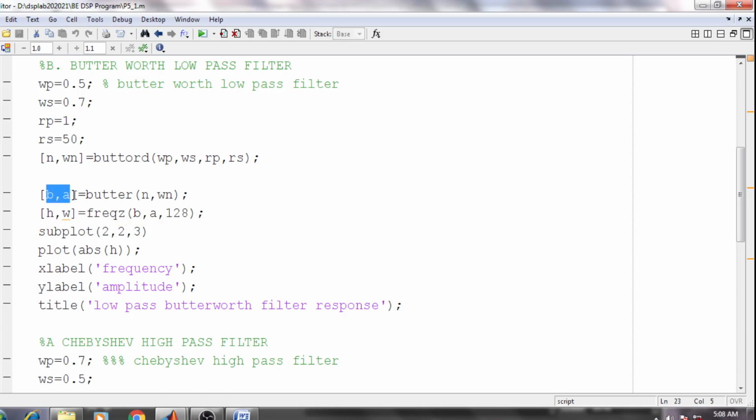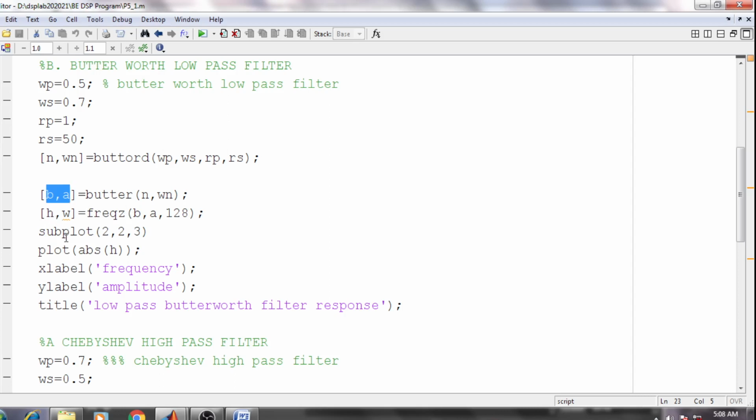B and A coefficients are enough for determination of the magnitude and phase plot. So B and A are passed to the freqz function as I said earlier, and from this you will get H and W. H is related to the magnitude and W is related to the phase.